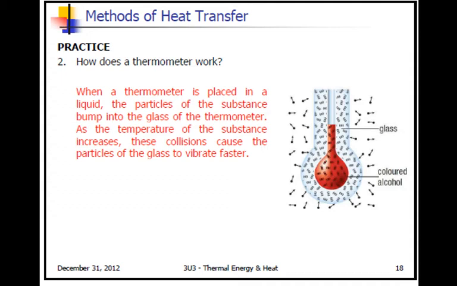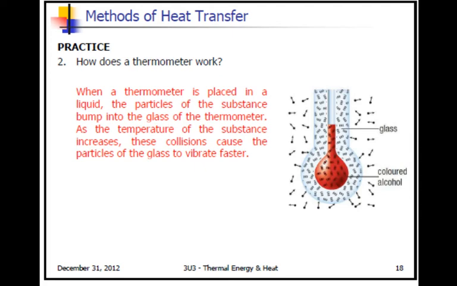That will eventually get to the material, the mercury or the colored alcohol in the thermometer, and as that vibrates faster, that mercury will end up kind of expanding. Its expansion is limited by the shape of the container it's in.